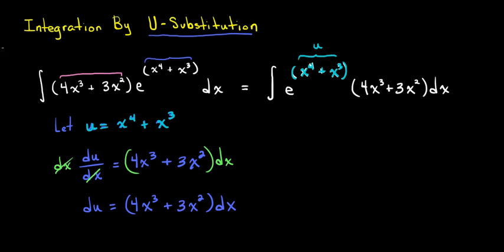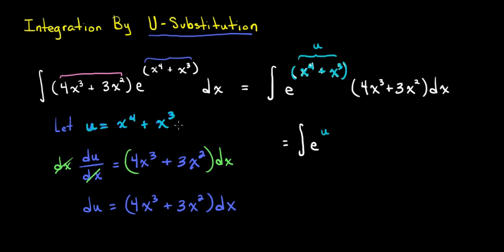So our integral becomes, instead of x to the fourth plus x to the third, we can simply replace that with a u. And that's the whole idea of u-substitution, to go from something that looks very complicated to something that looks a little bit more manageable.